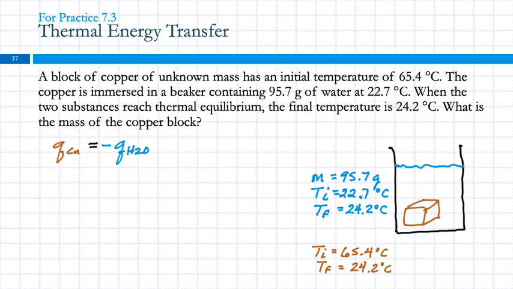Now I can put the negative sign on the right side, I can put the negative sign on the left side. It's not saying that Q for the water is negative, it's just saying that these two quantities are opposite in sign. So I'm trying to find the mass of the copper block. Let's maybe make a note of that down here. Mass equals question mark.